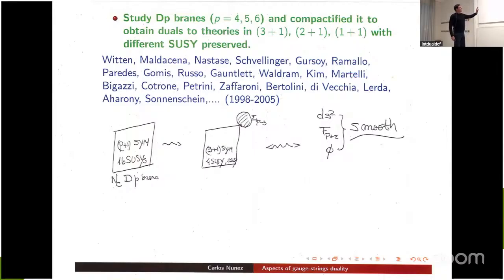Let me tell you the advantage and the disadvantage. The advantage is that this is very easy to do in many different examples. So it's quite a ductile thing to do, and there are many examples constructed. Another advantage is that this background is completely smooth in the infrared, so you can learn about non-perturbative aspects of this field theory by doing calculations with those backgrounds.